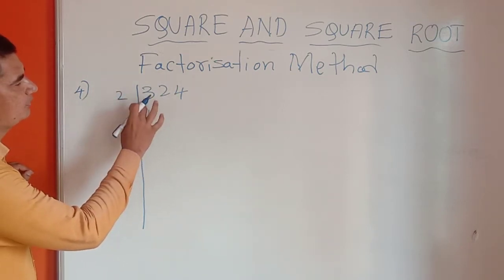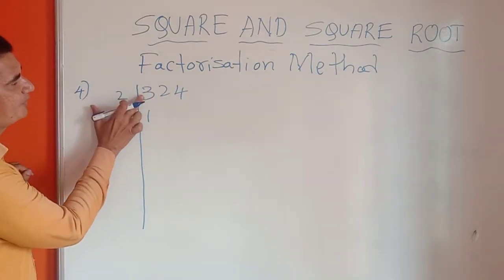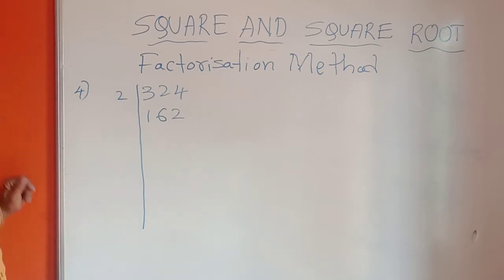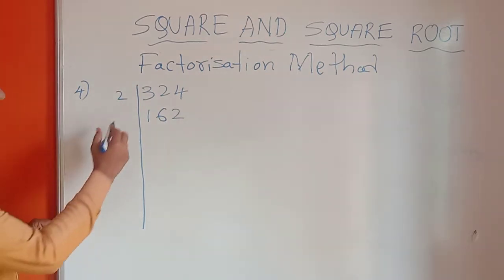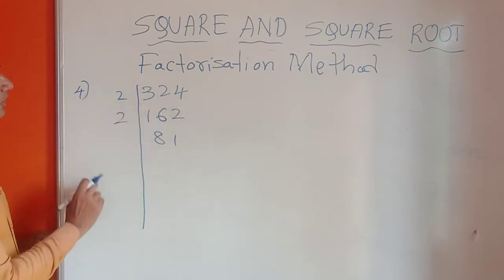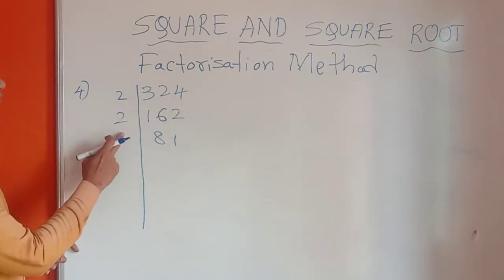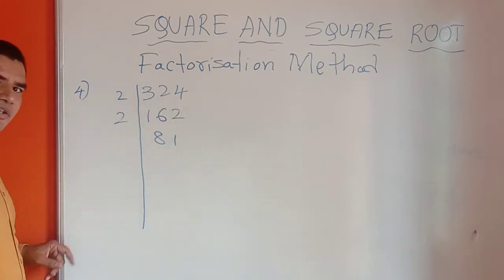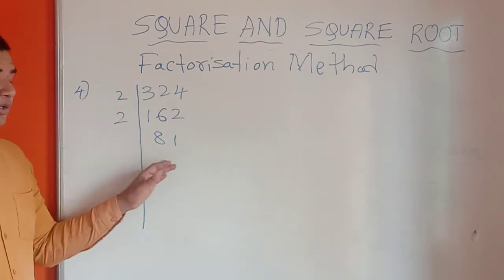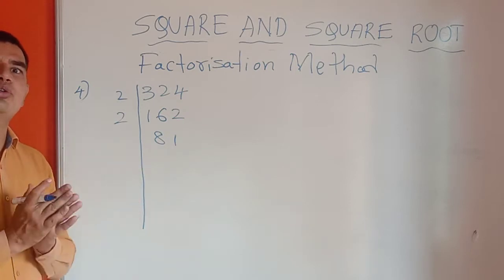2 1s are 2. 1 is remaining here. 2 6s are 12. 2 2s are 4. Next, 2 8s are 16. 2 1s are 2. Now it is not possible to divide by 2 because this is an odd number. So which number is possible? We can take 9, but don't take 9 because 9 is not a prime number.